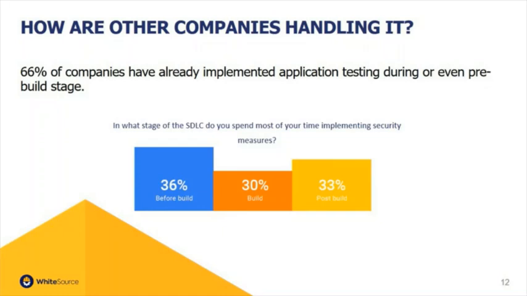And realistically, right now, the industry as we see it, people spend the most amount of their time implementing security measures pretty much evenly across the three phases, if I break it into just pre-build, build, and post-build. Now, this is not the most efficient way to do it. This is simply measuring where they spend their time.